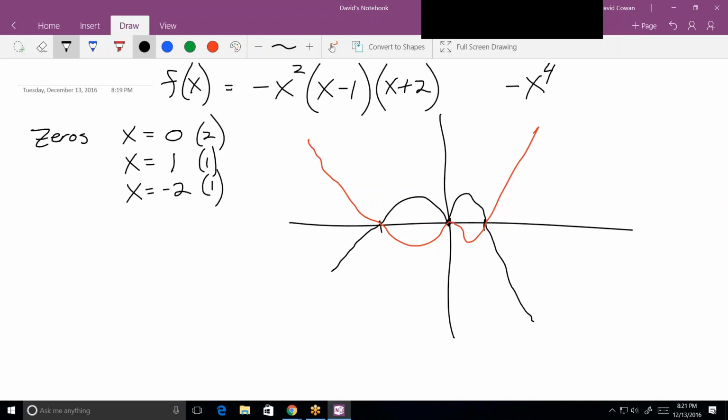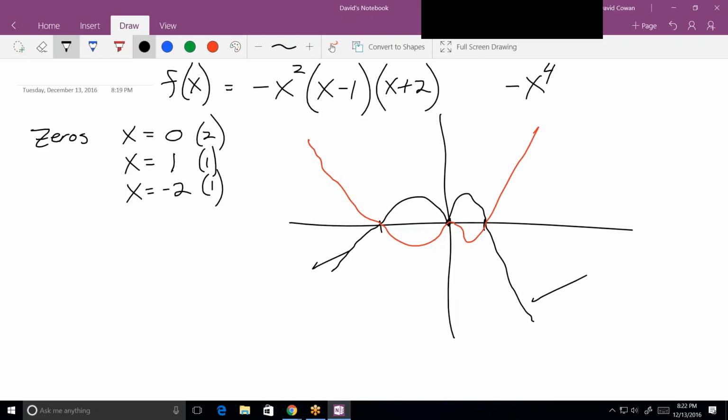If I were to multiply that out, my end term would be negative x to the 4th. Now plug in negative infinity for x. What is f of x going to do? F of x will become negative infinity. Plug in positive infinity for x, and it will become negative. So it's definitely the black.